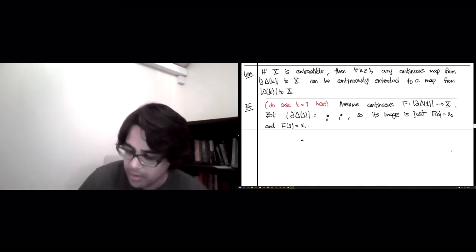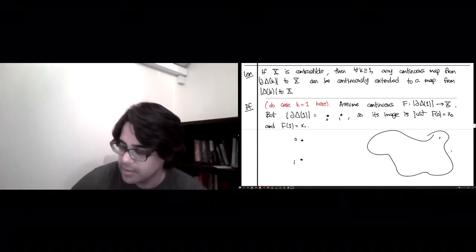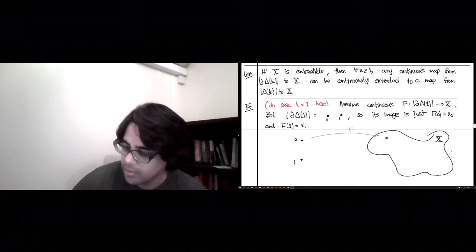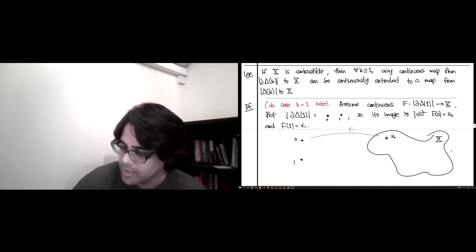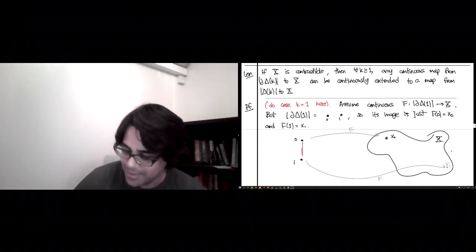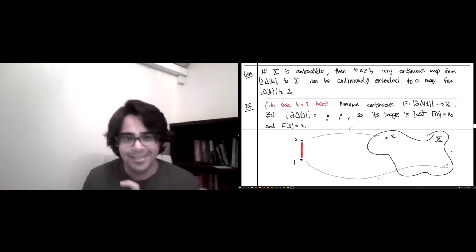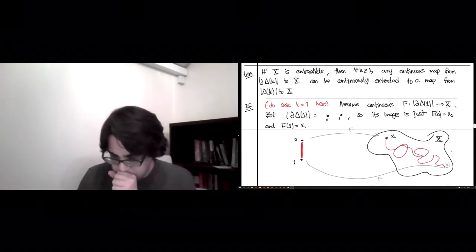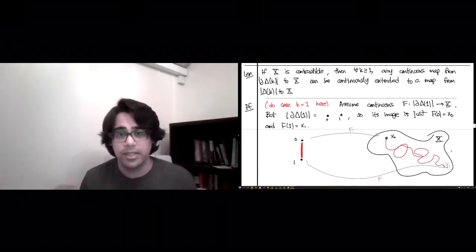Pictorially, you have this point 0, you have this point 1, you have some contractible space X, and you've sent 0 via F to some x0. You've sent 1 via F to some x1. And what you'd like to say is that this entire interval between 0 and 1 can be sent somewhere in a way that preserves the endpoints. That's what it means to extend F.